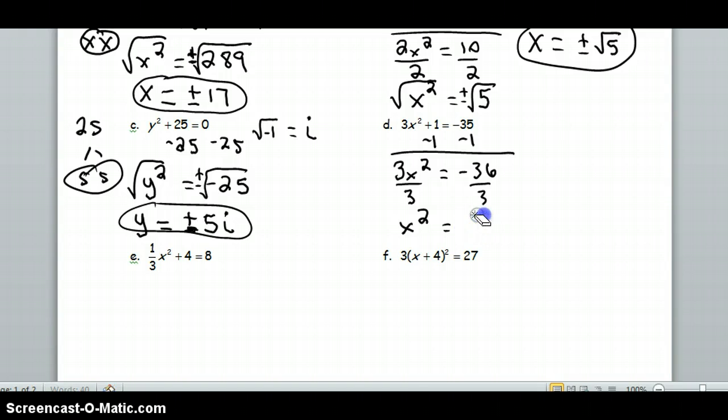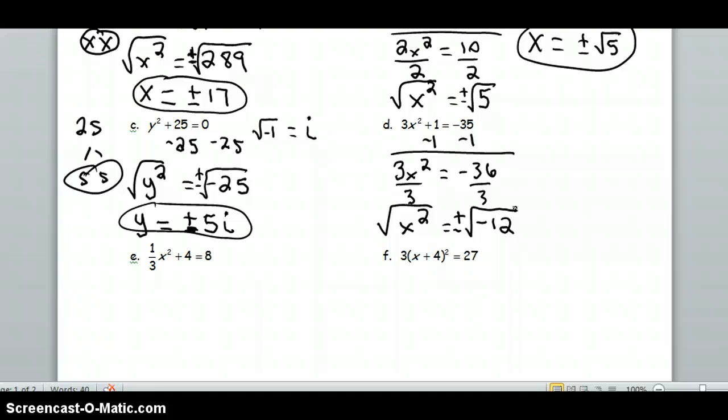Sorry about that. Let me give myself a little space. Negative 12. Now, I'm going to square root both sides. Again, I want to make sure I have room for my plus or minus in there. I don't want to try to squeeze it in so you can't see it. All right, now we have plus or minus.